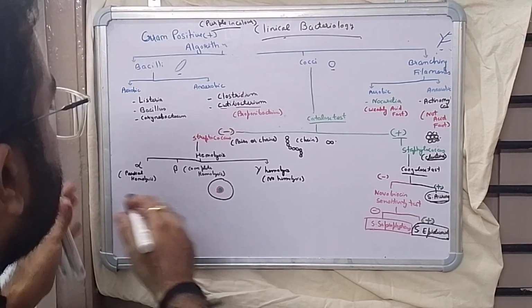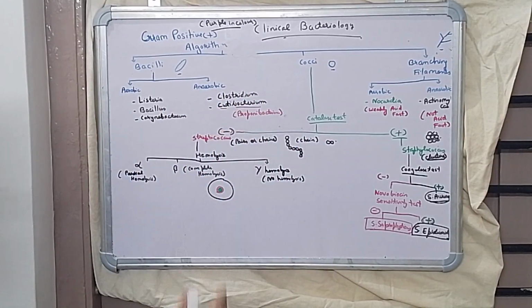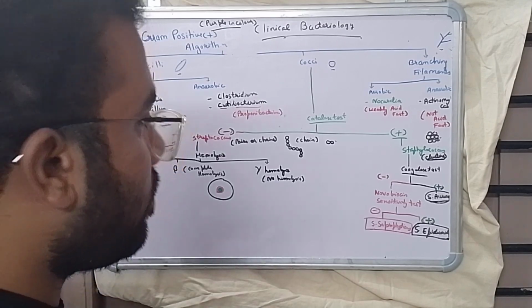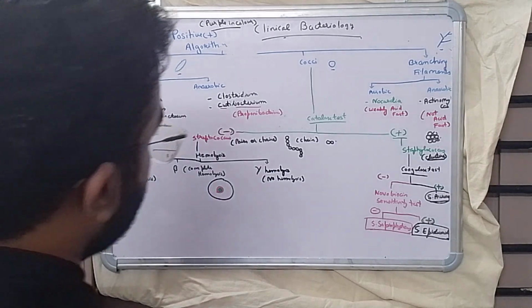Now, based on this characteristic of hemolysis, we will differentiate streptococci, and for that we will do some tests for further subtyping of the bacteria.